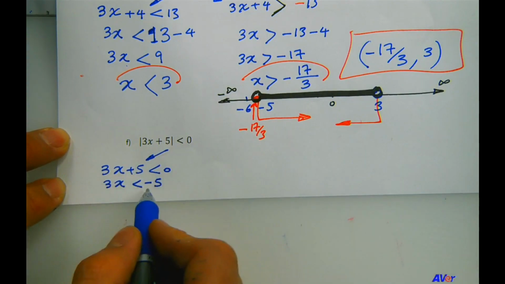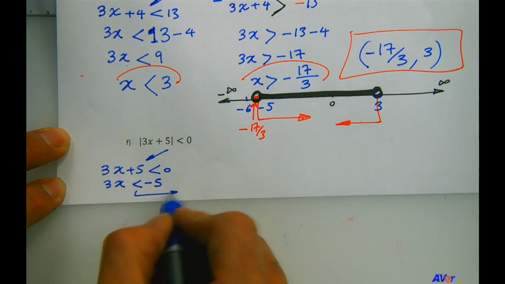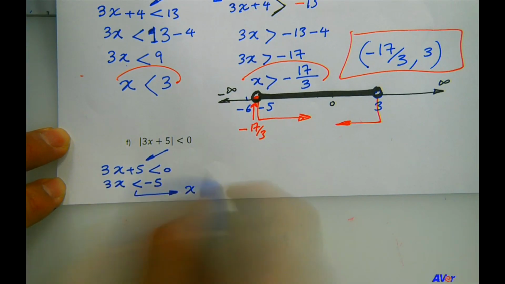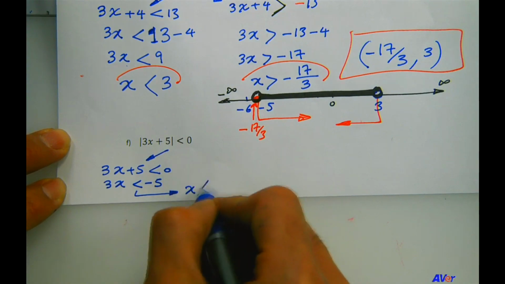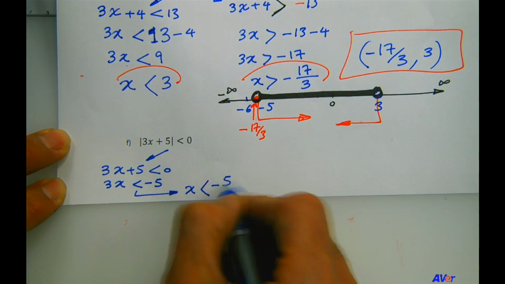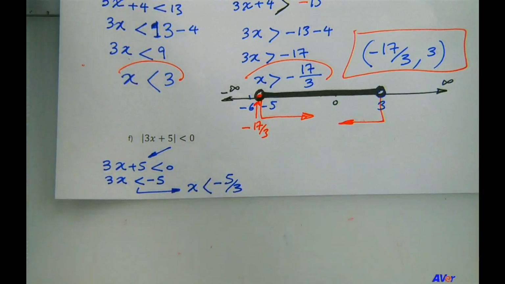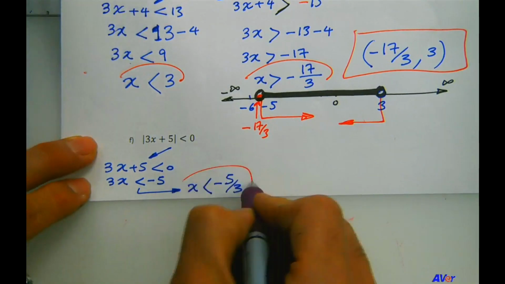It became negative 5. And then from here, we're isolating x, which means we're solving for x. So is x isolated? No, it's got a 3 next to it. So let's divide both sides by positive 3. What do we get? We get x less than minus 5/3. Okay, so that's one of the solutions.